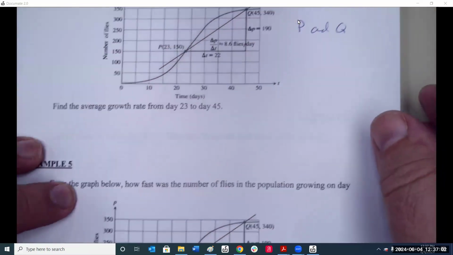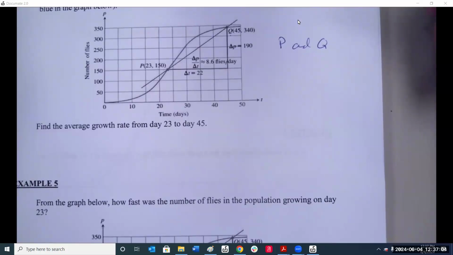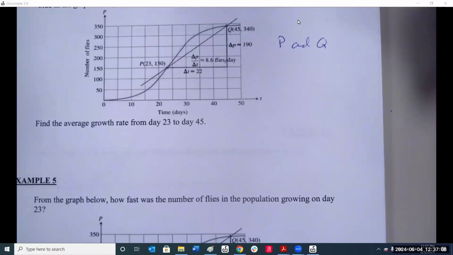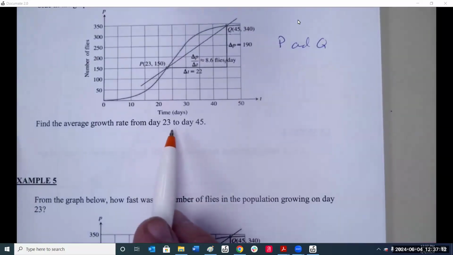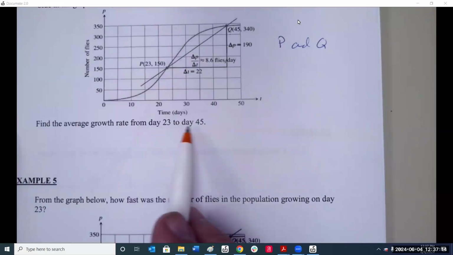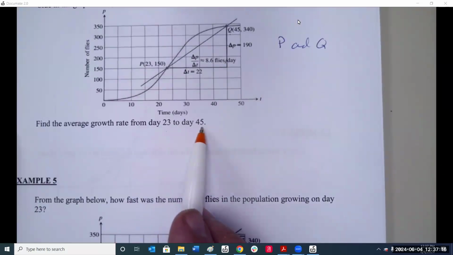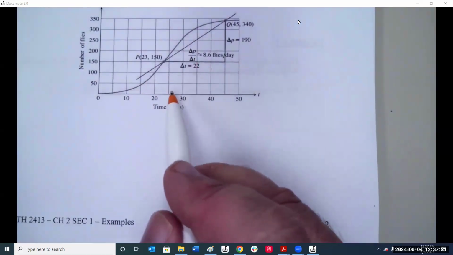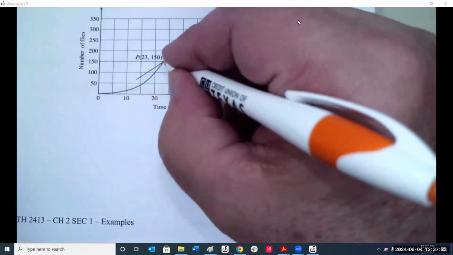So the first, example 4, is just looking for the average rate of change between 23 and 45. Example 5 is looking for the instantaneous: what is happening exactly on day 23?